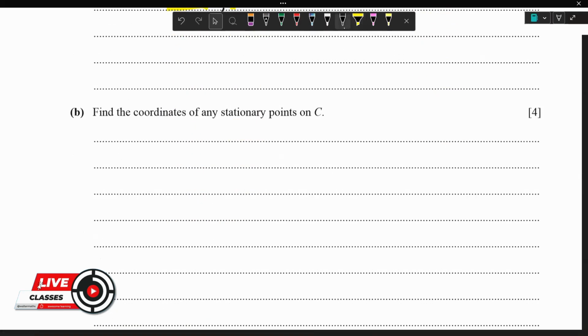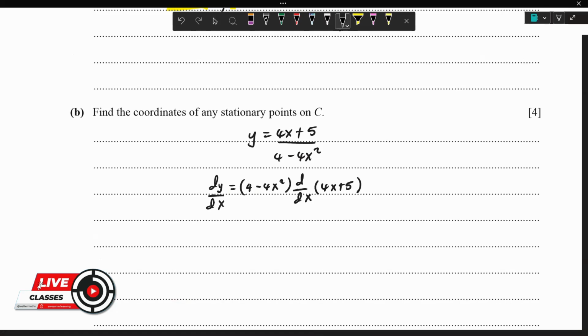It's y is equal to (4x + 5) over (4 - 4x²). So dy/dx is (4 - 4x²) times the derivative with respect to x of (4x + 5), minus (4x + 5) times the derivative with respect to x of (4 - 4x²). All right, and that's over (4 - 4x²) all squared.